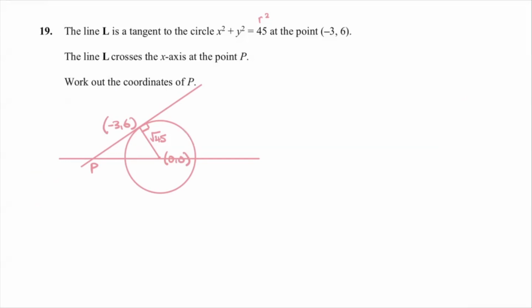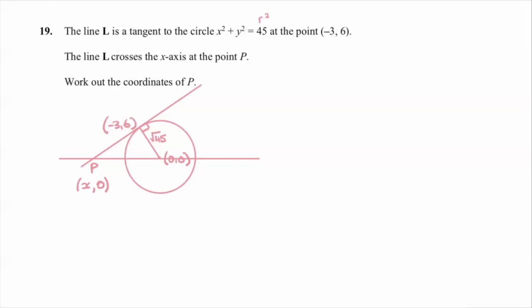I already know something about that coordinate. If it's crossing the x-axis, then there is an x value. At this stage, I don't know, but I do know that the y coordinate will be 0. So it's worth putting that in as well. So I've built a picture of the information that they've given me.